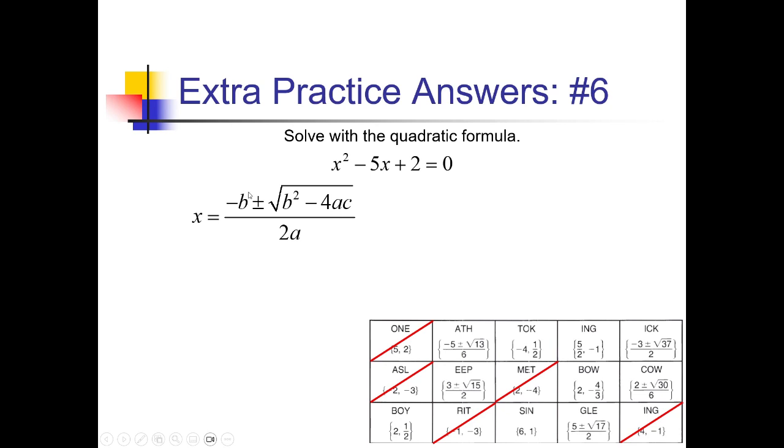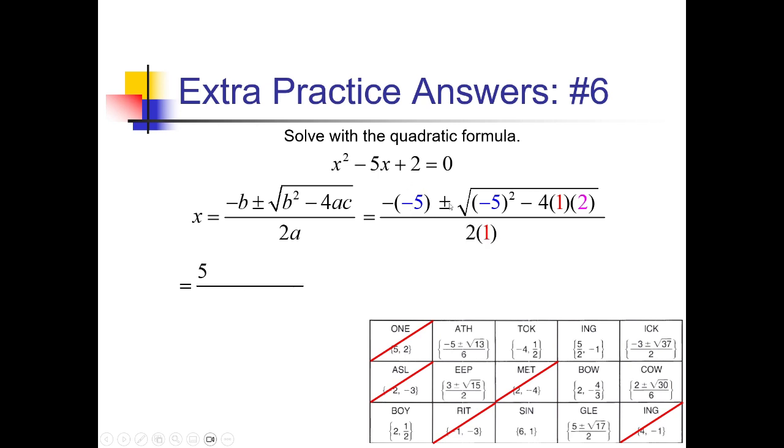So we've got negative 5 plus or minus square root of negative 5 squared minus 4 times the a value 1, still 1, times the c value 2, all over the a value 1 times 2. So this is positive 5 plus or minus square root of 25.